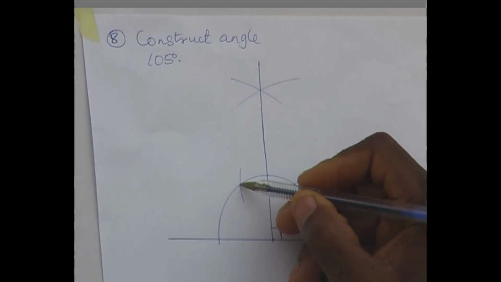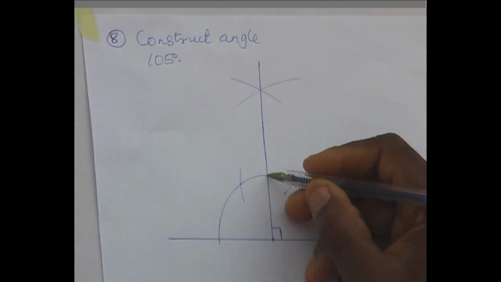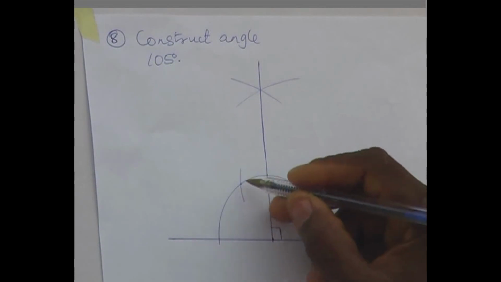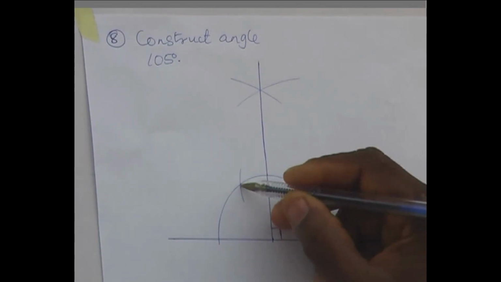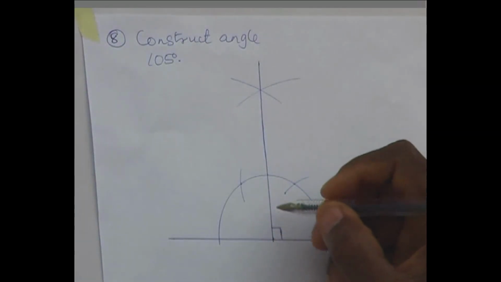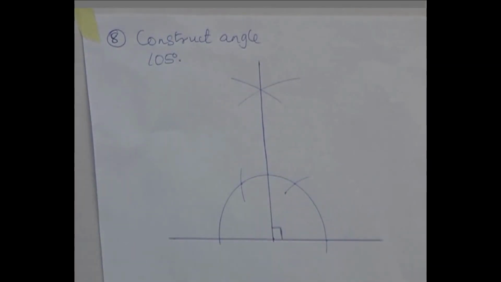What you need to add to 90 to make 105 is 15. So what you're going to do now is you're going to bisect this place. When you bisect it, you join it to this point. That will give you the angle from the bisected point to this place being 105.